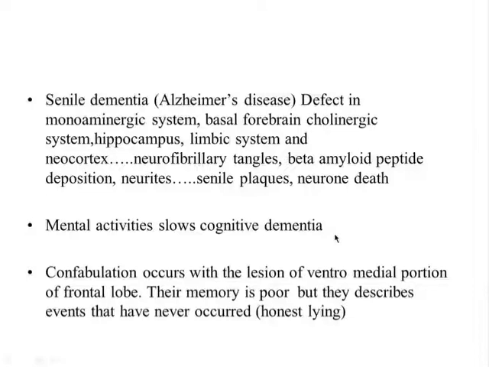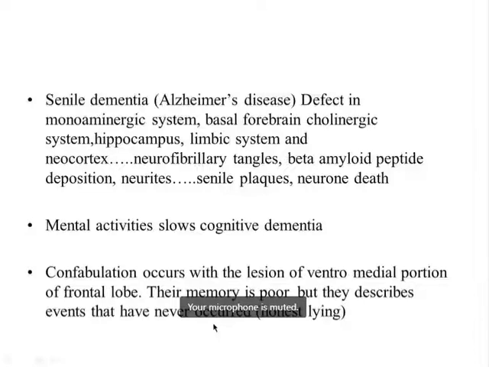Confabulation, meaning white lie or honest lie, occurs with damage to the ventromedial portion of the frontal lobe. Their memory is poor, but they describe events they have never seen. They feel that they have seen them, and that is called honest lie. That is also a problem.